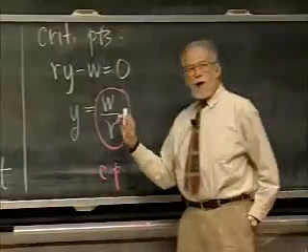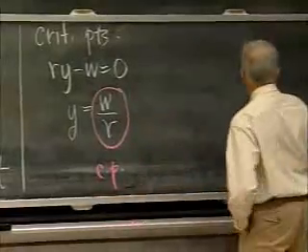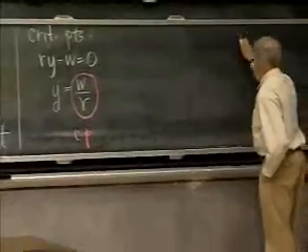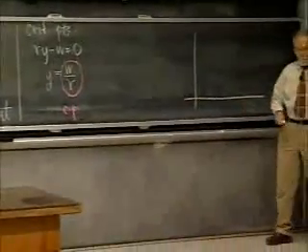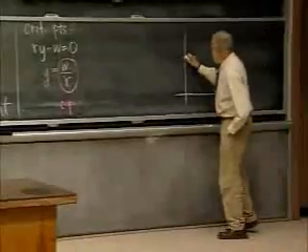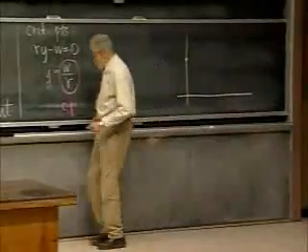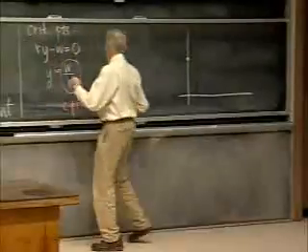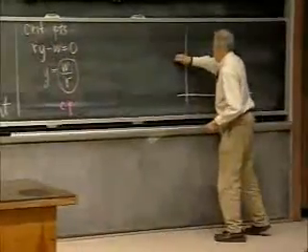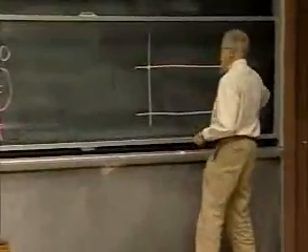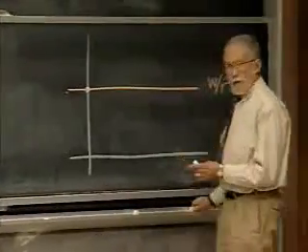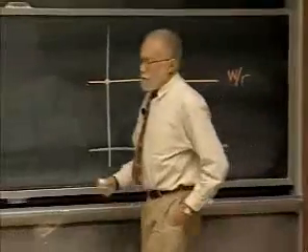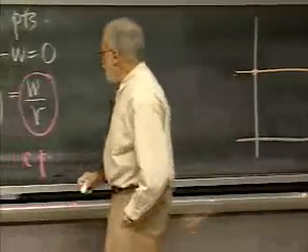Now, I want to know what's happening to the solution. So, in other words, if I plot, of course, negative values aren't particularly interesting here. There is definitely a horizontal solution, and it's at the height w over r. That's a solution. The question is, what do the other solutions look like?